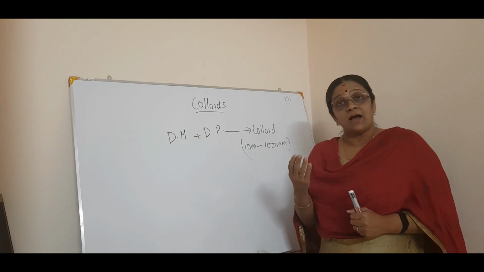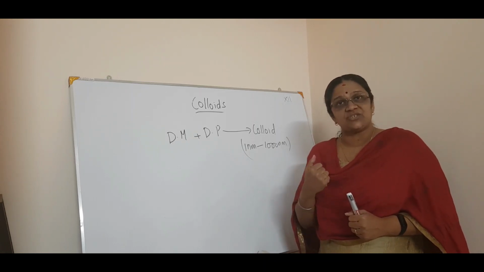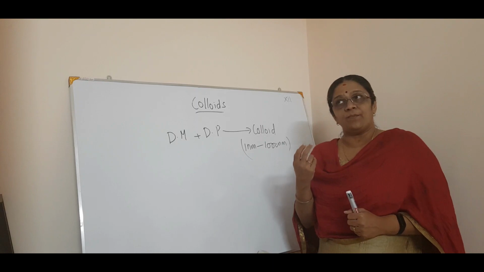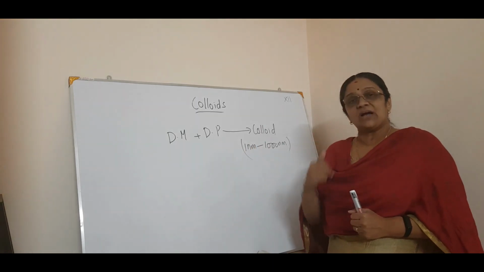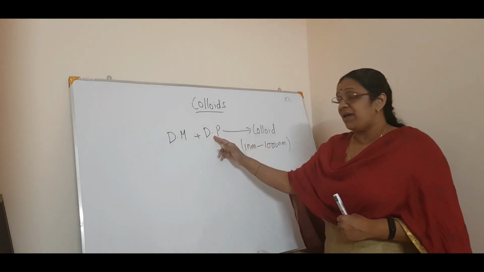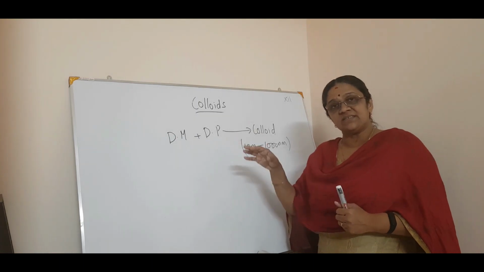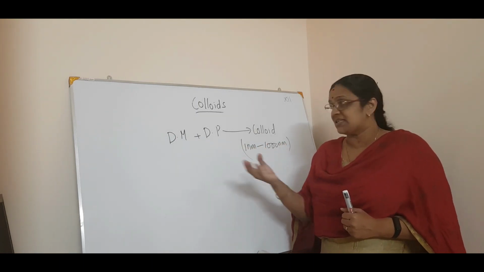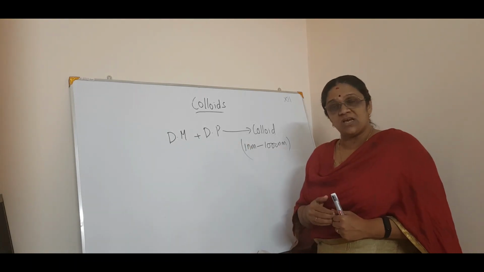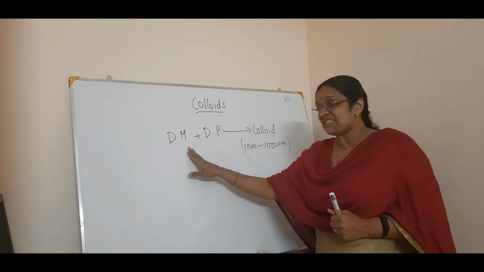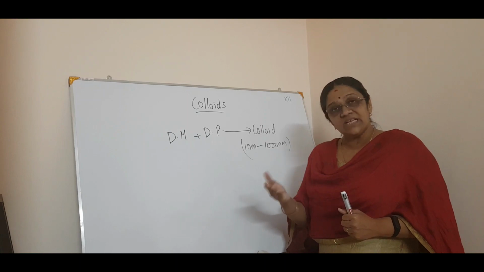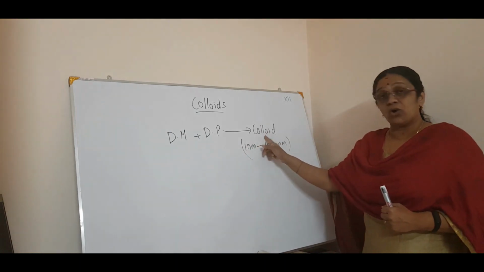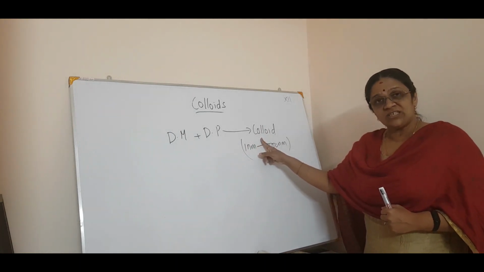Polymers, then cellulose, starch, then proteins, etc. are macromolecules. So, these can be the dispersed phase. And again gelatin, rubber, starch, etc. can be the dispersed phase. So, when this is mixed with the dispersion medium or any suitable solvent, you will get colloids.